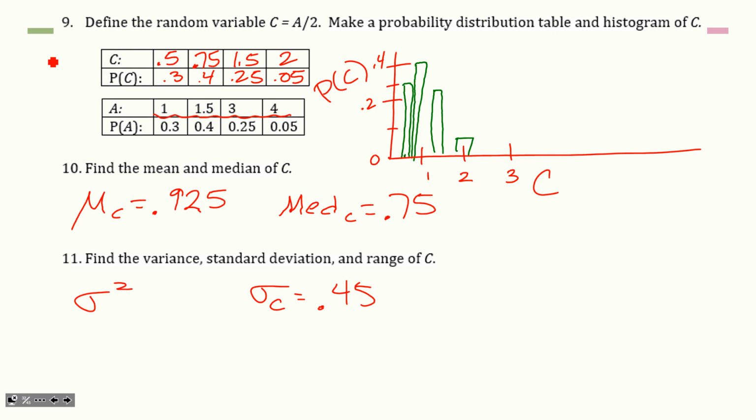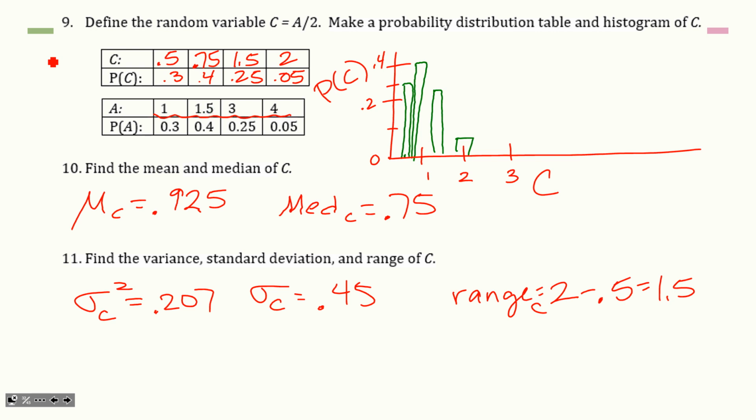And if I ask you to find variance, you type that 0.45 in, square it, get 0.207. And the range, now the maximum is 2, the minimum is 0.5, so the range is 1.5, right? And let me indicate that that's the range of my random variable C. All right, there's all my stuff.